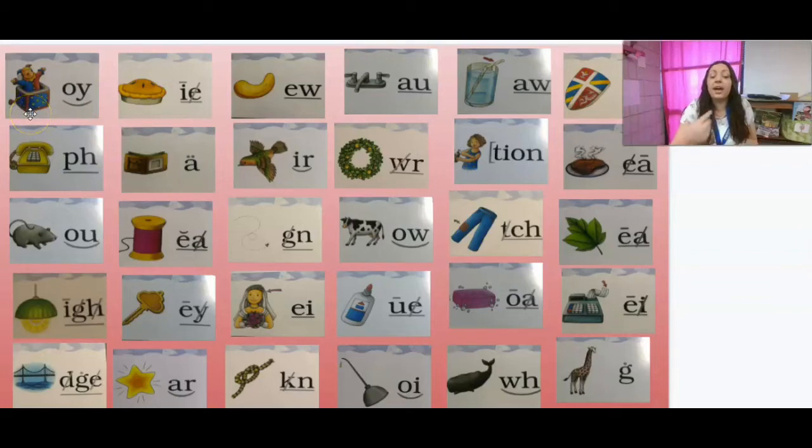Are you ready? So we have toy, oi, diphthong OY, pie, I, digraph IE, cashew, oo, digraph EW, faucet, ah, digraph AU, straw, ah, digraph AW, shield, E, digraph IE, phone, digraph PH, wallet, ah.